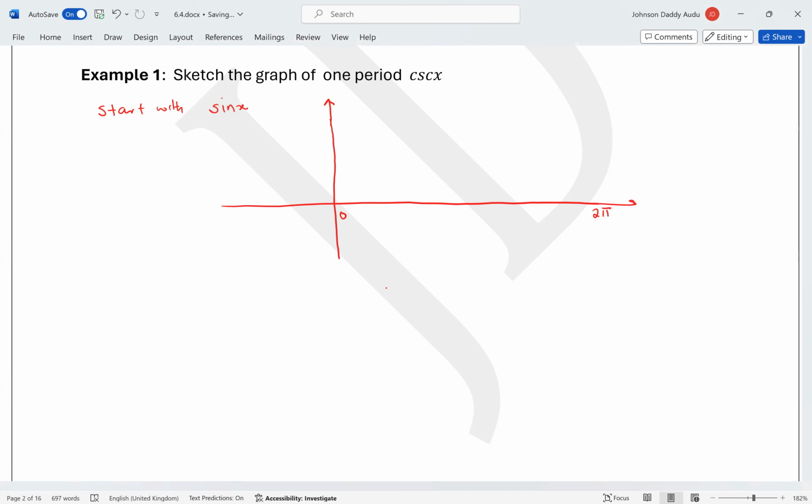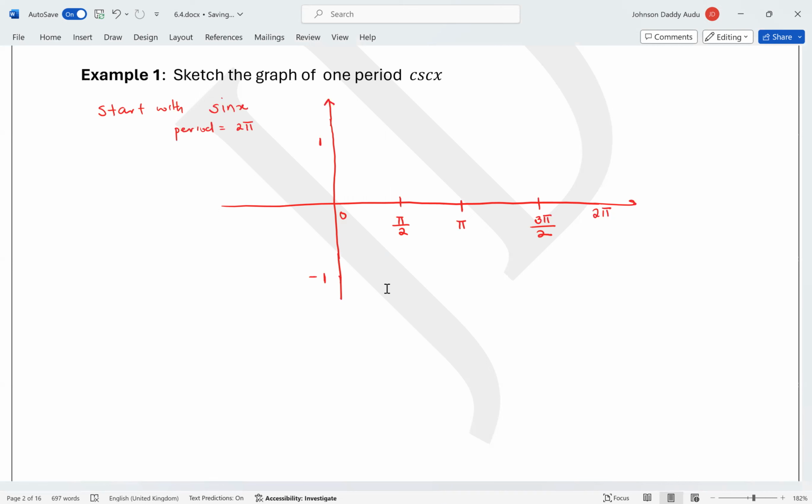We divide this period, which is 2 pi, the period of sine x. So here it's going to be pi, here it's pi over 2, and this is 3 pi over 2. The maximum value is going to be 1, the minimum is -1.